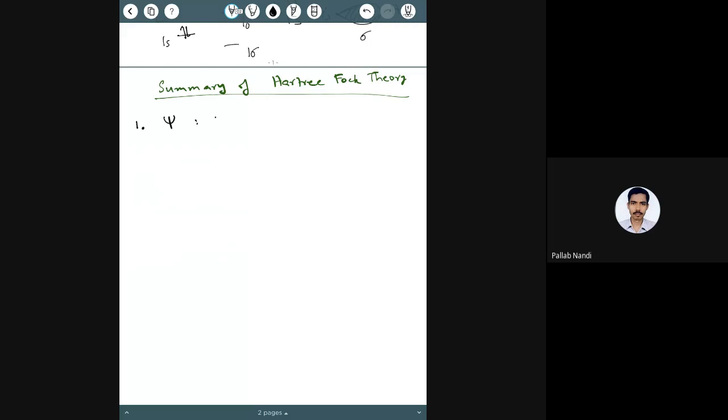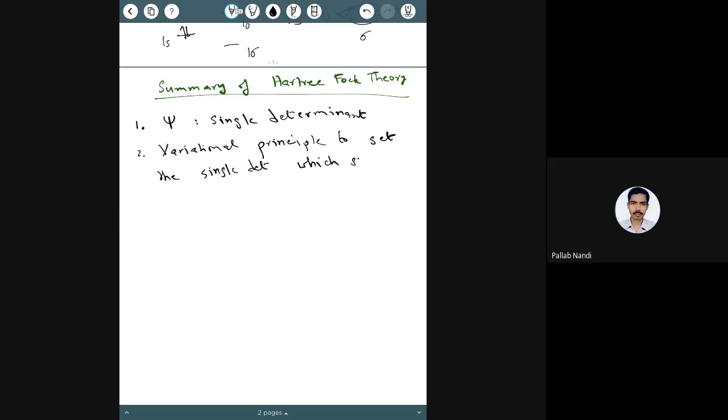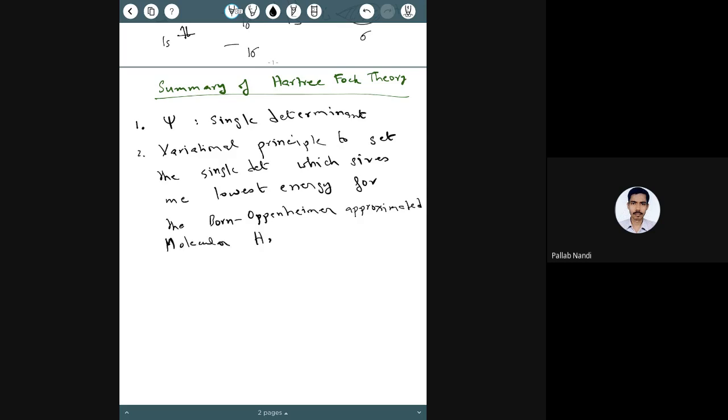Psi is a single determinant, and then it uses the variational principle to get the single determinant which gives me the lowest energy for the Born-Oppenheimer approximated molecular Hamiltonian.